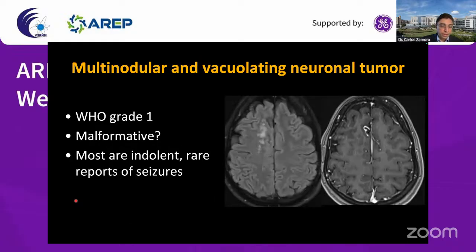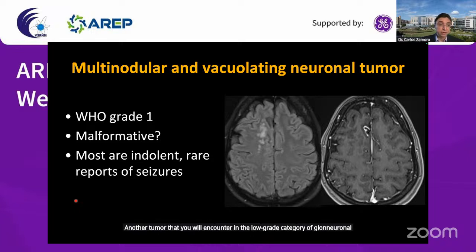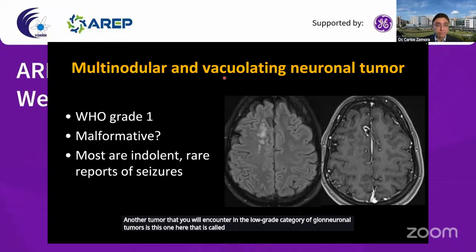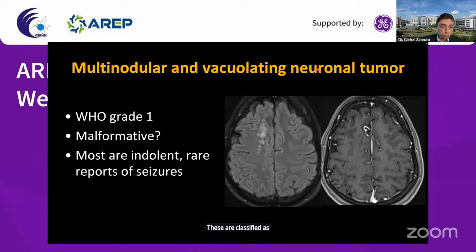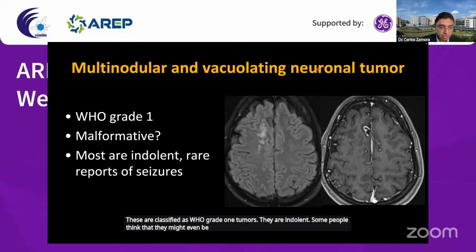Another tumor that you will encounter in the low-grade category of glioneuronal tumors is this one here that is called a multinodular and vacuolating neuronal tumor, or MVNT. These are classified as WHO grade 1 tumors. They are indolent. Some people think that they might even be some form of malformative entity, but they are still classified as tumors by the WHO.